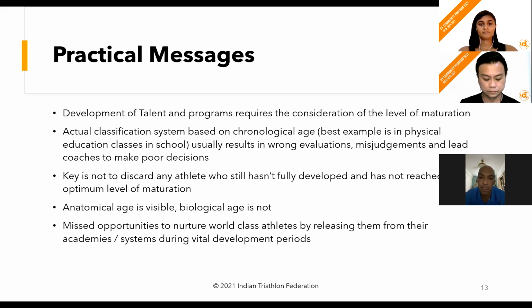In India especially, we use physical education classes in school as a bare measure for evaluations, but keep in mind that's not necessarily the right way. A lot of times that will result in poor statistics, which can lead us coaches to make really poor decisions.